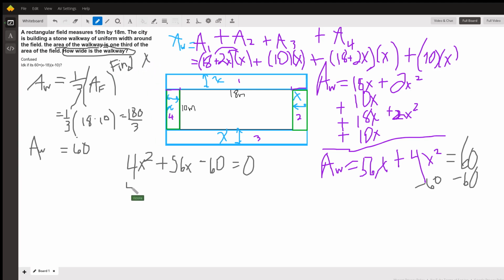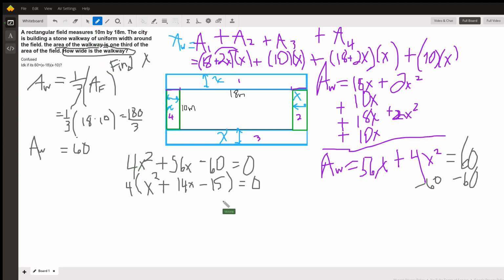So if I factor out a 4, I get x squared plus 56 divided by 4 is 14x, and then minus 60 divided by 4 is 15. Now, all I need to do is get the quadratic to equal 0, because 4 is never going to be 0, but 4 times 0 will be.